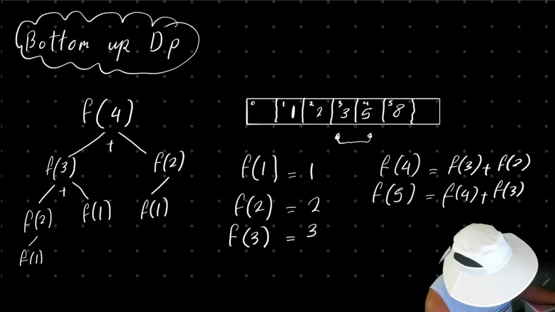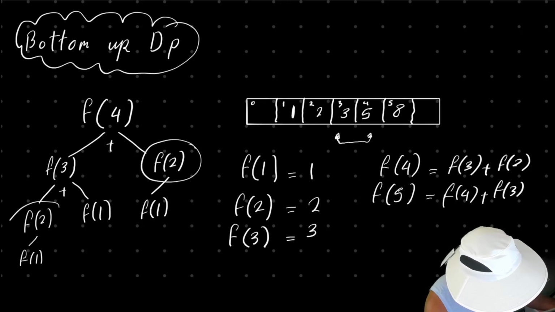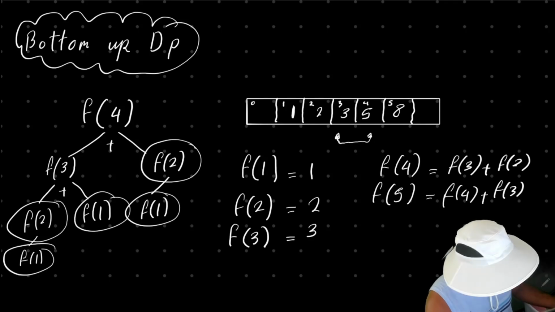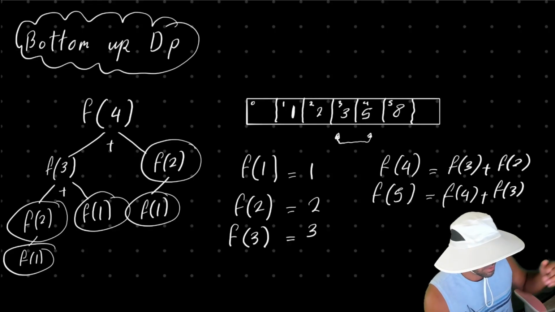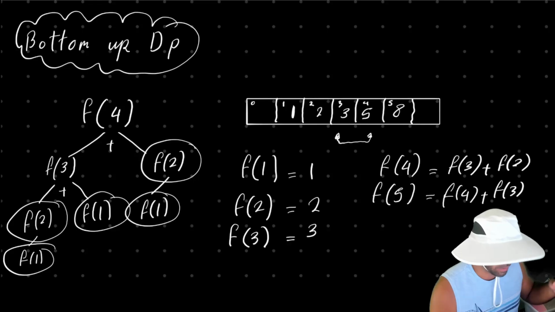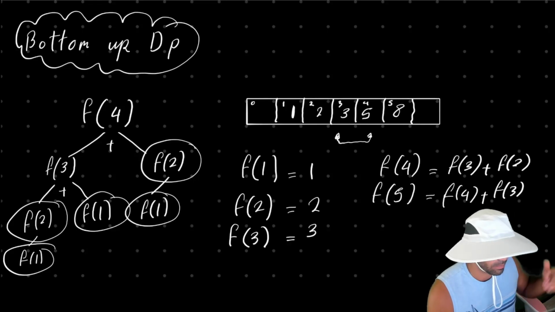So instead of doing recursion like we did last time and creating so many overlapping subproblems, for example this guy, this guy, this guy, all these are overlapping, I can start from the very basic step or the base case, which is f of 1 and f of 2, and build my solutions from there one by one.